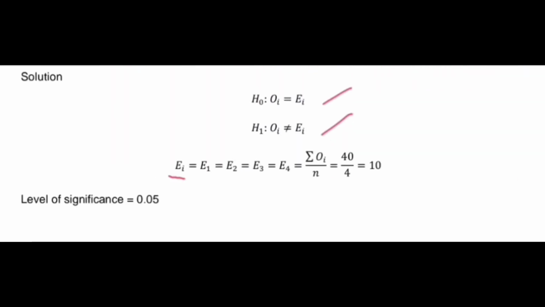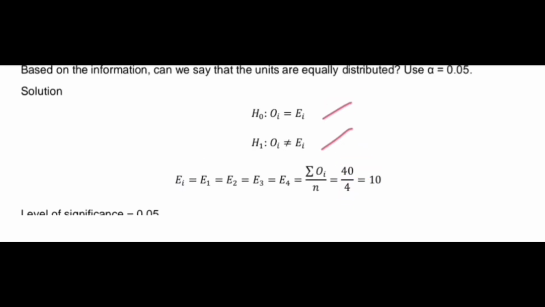The summation of the observed frequency is 40, and our n is 4. Dividing 40 by 4 will be equal to 10. Our expected frequency is 10.